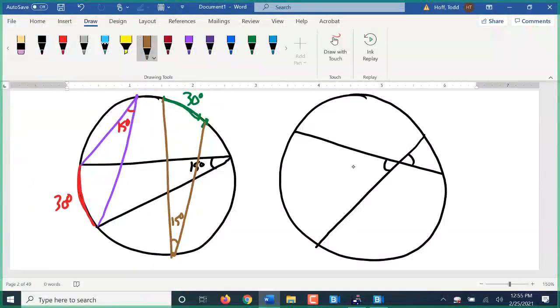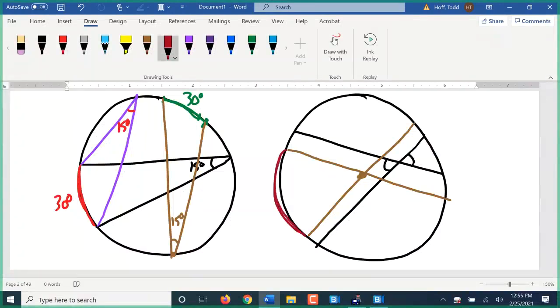If that intersection was at the center of the circle, and I'm going to draw my lines in here parallel to the existing ones, if they intersected at the center of the circle, this arc and this arc, of course, would be the same. They would both be whatever that angle measurement is.